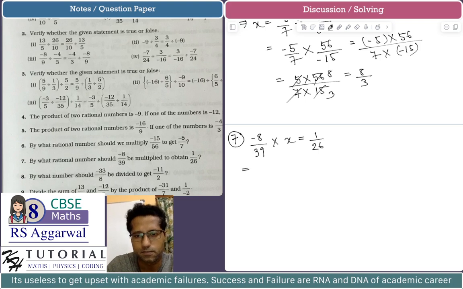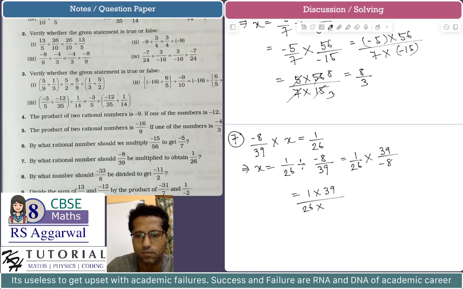So this implies X is equal to 1 by 26 divided by minus 8 by 39. This is equal to 1 by 26 multiplied by 39 by minus 8. This is equal to 1 into 39 divided by 26 into minus 8.